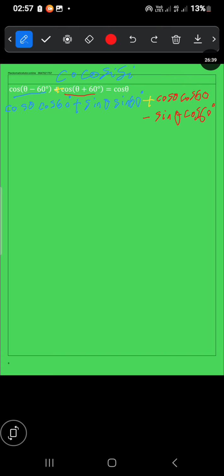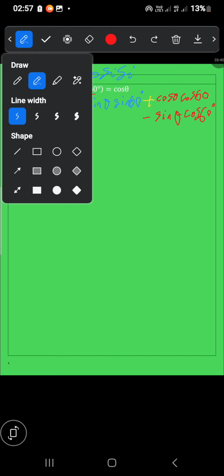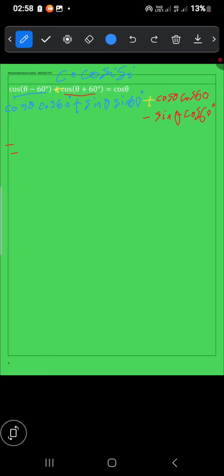Right. So now to continue, this is equals to cos theta, then in the calculator cos 60 is 1 over 2, plus sine theta, then this is root 3 over 2, root 3 over 2.